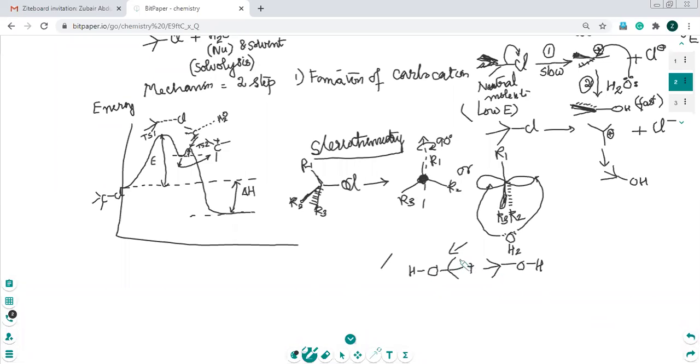I will draw R1 here. R2 is closer to you, and R3 is behind.